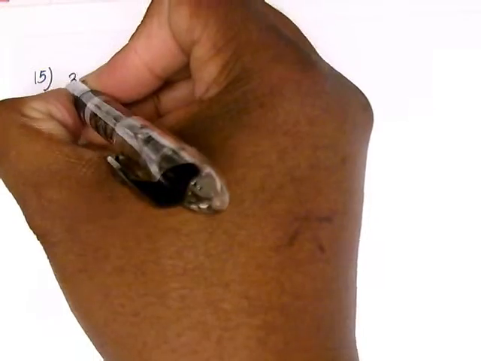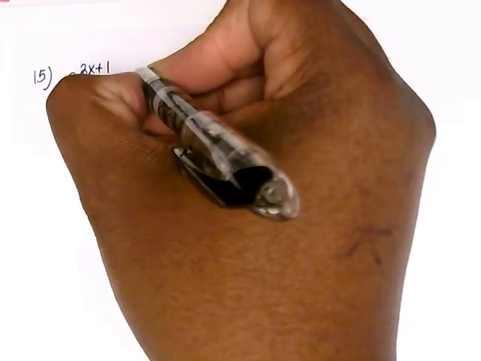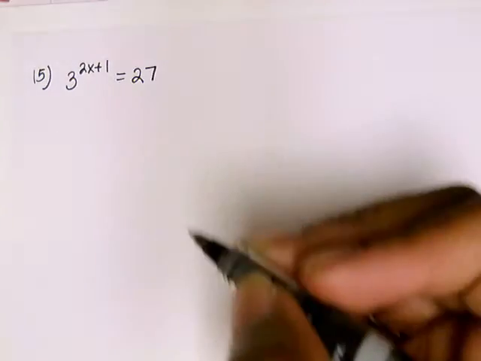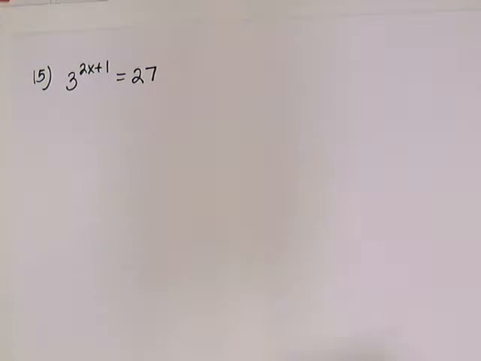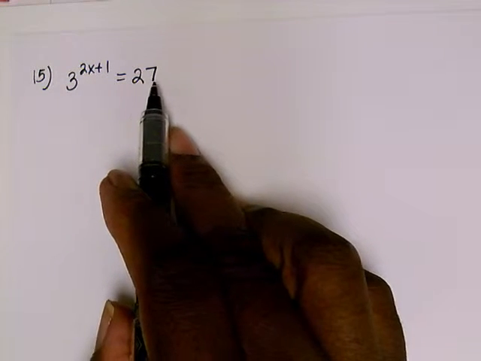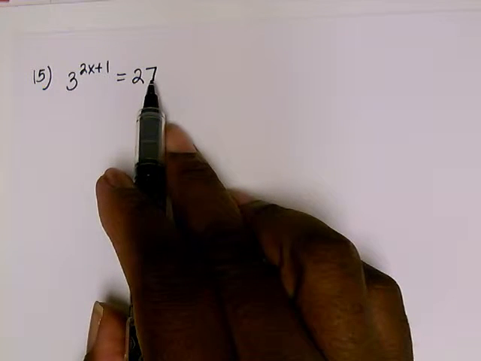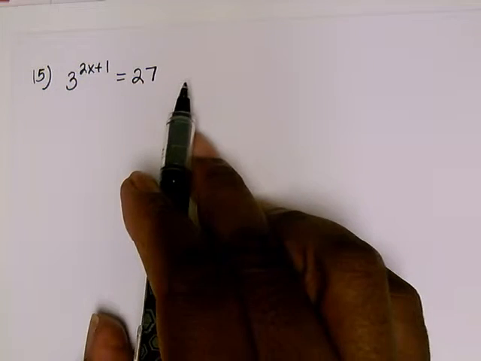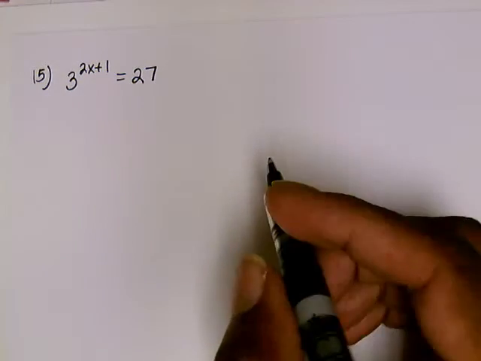So here we got 3 to the 2x plus 1 equaling 27. Well, notice that 27 is a multiple of 3, and I can write 27 as 3 to some power. Well, think of this. 27 is 3 times 3 times 3, or 3 to the third.